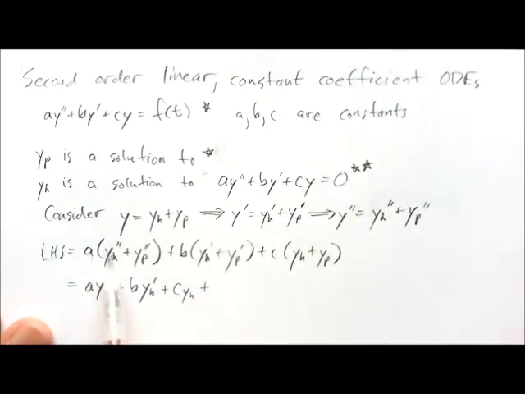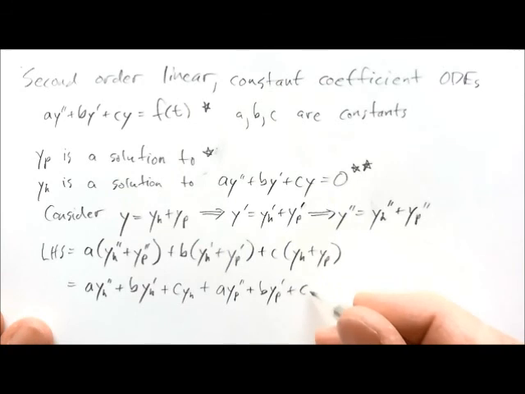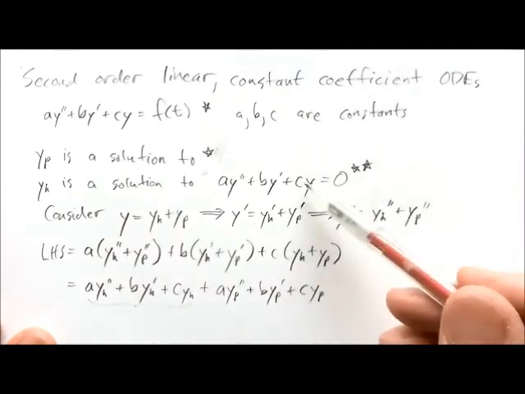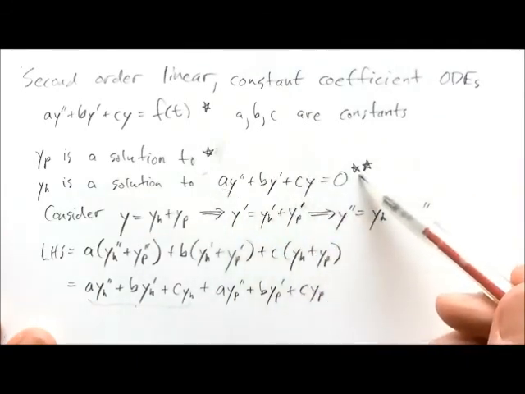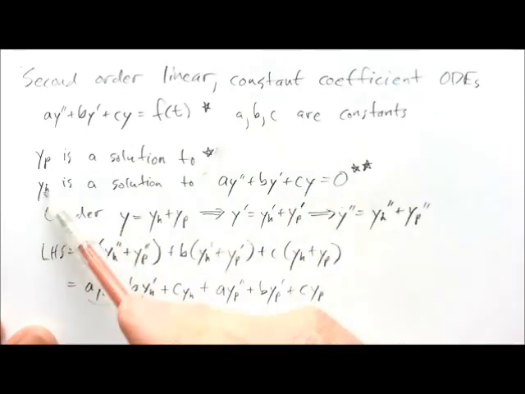Now we need the y sub p parts, so we have a y sub p double prime plus b y sub p prime plus c y sub p. If we look at this first part, this is the left side of double star, and y sub h is a solution to that, so this part must turn to 0.